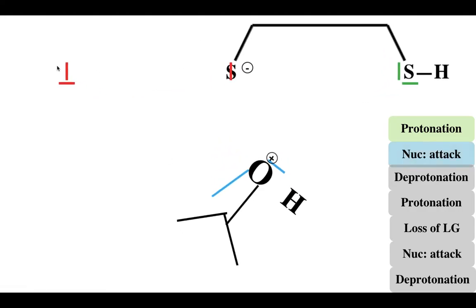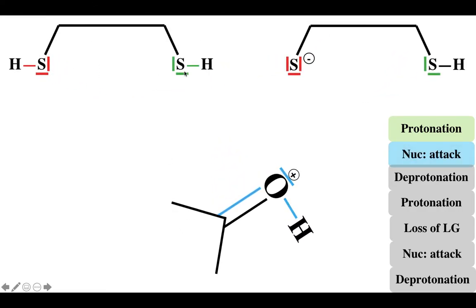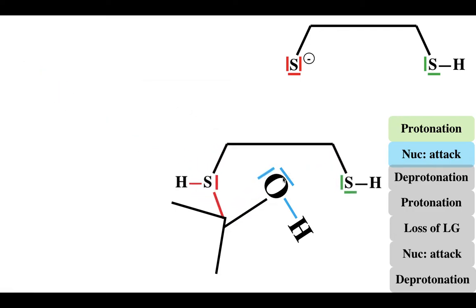That positive center can be attacked by another mole of EDT, by one of the lone pairs of the sulfur atom. So the sulfur atom will nucleophilically attack there, and then the pi bond will break, and the lone pairs of that bond will move up onto the oxygen, creating a formal charge now on the sulfur.